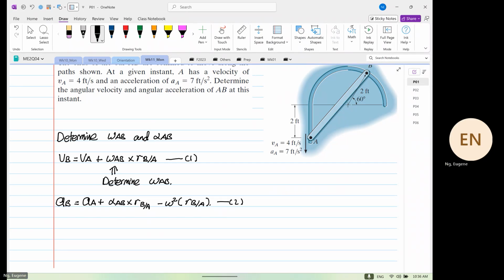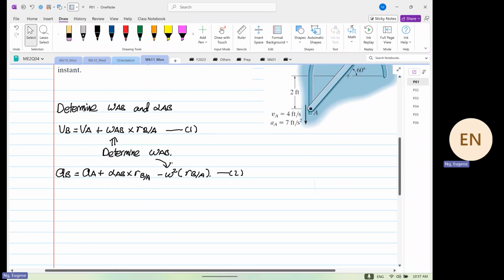Okay. So only after we have determined omega AB, we can plug it into there. Okay, so this is the path of solution.